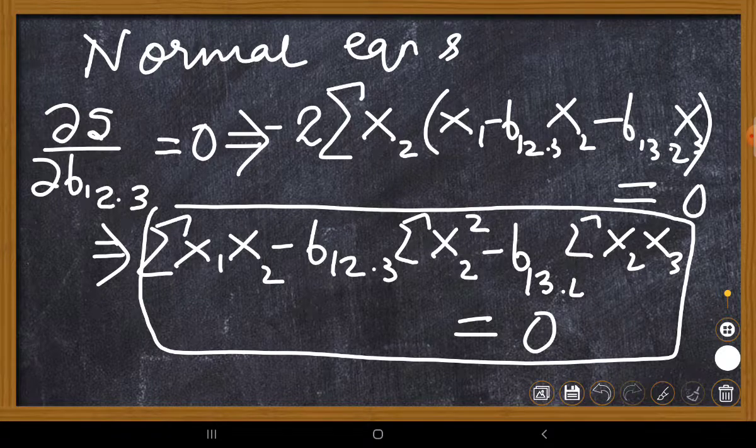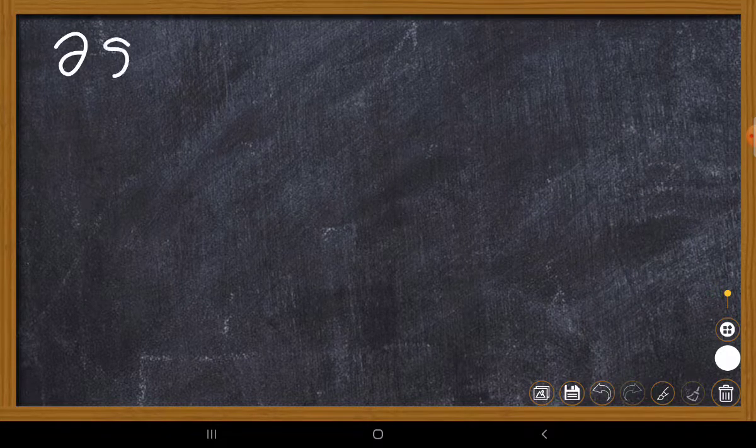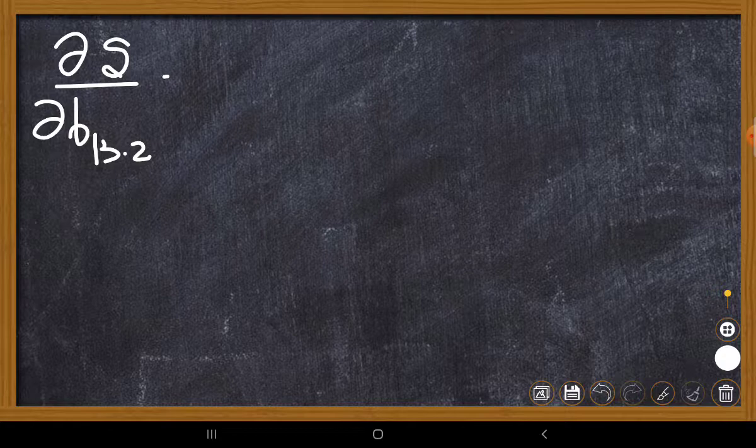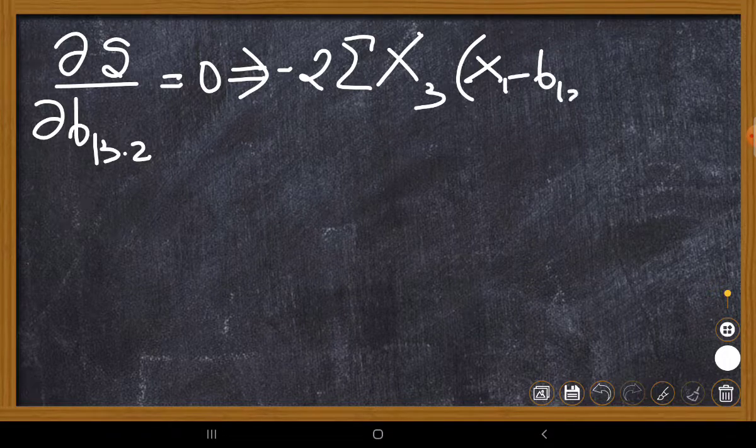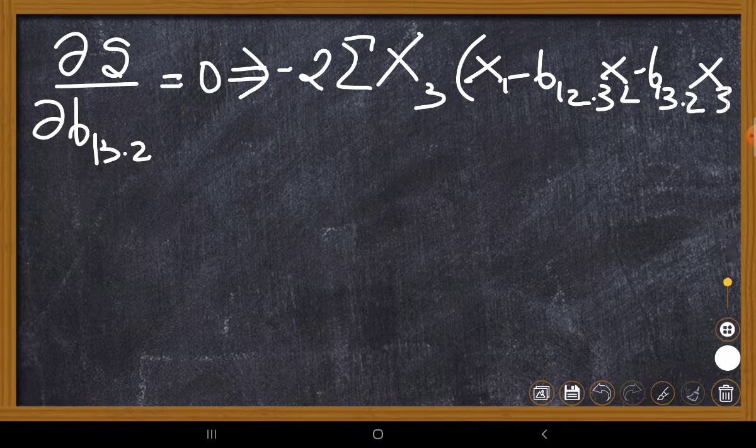Now in the same way, you differentiate S with respect to the other regression coefficient, b13.2, equal to 0. This implies minus 2 summation, and here you will now have x3 into x1 minus b12.3 x2 minus b13.2 x3, and this is equal to 0. If you simplify this, what will you have?